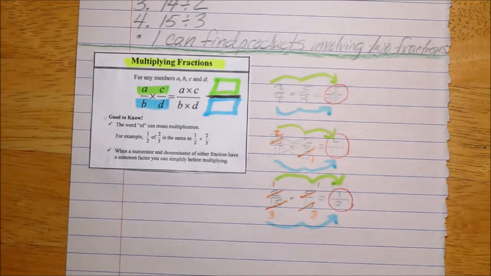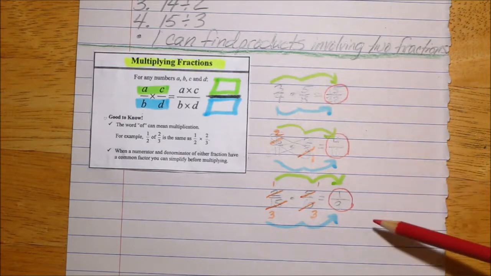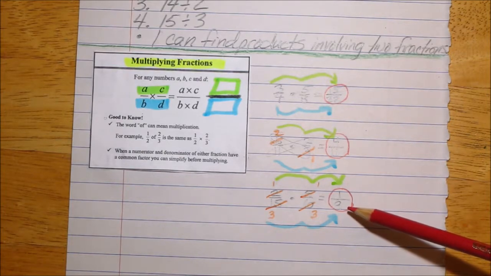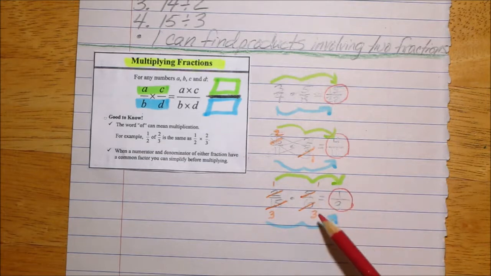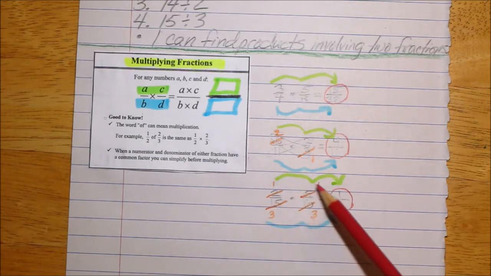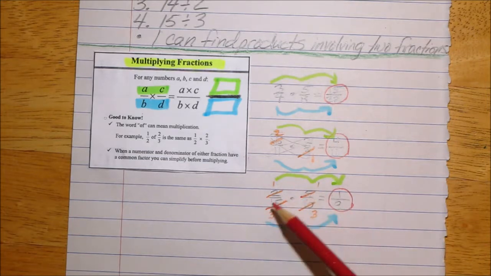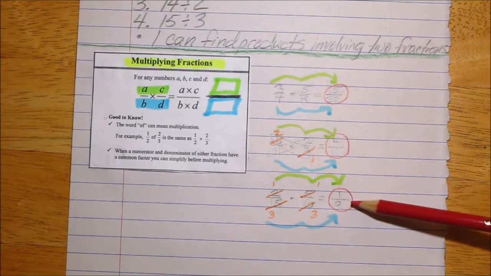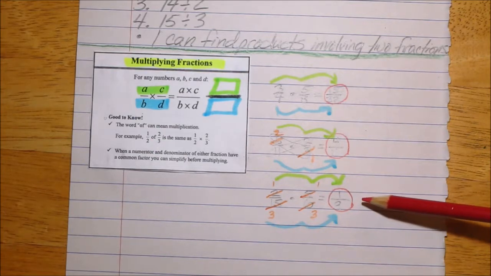Now, I'm not going to have an example here, but one thing to look for: even after we've done our cross-reduce, if you do all of the cross-reducing that you're supposed to do here, you most of the time will get a fully simplified answer. That's not always true, because sometimes you might get an improper fraction. And if this was an improper fraction, well then, we've learned back when we were adding and subtracting fractions that an improper fraction cannot be your answer.